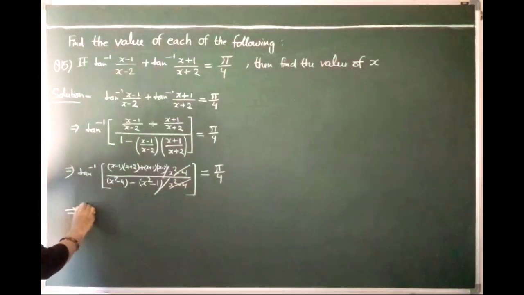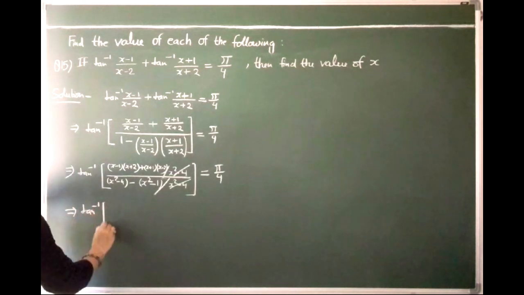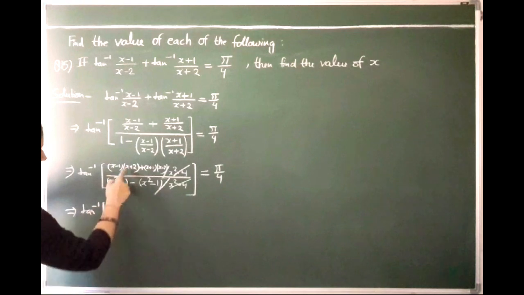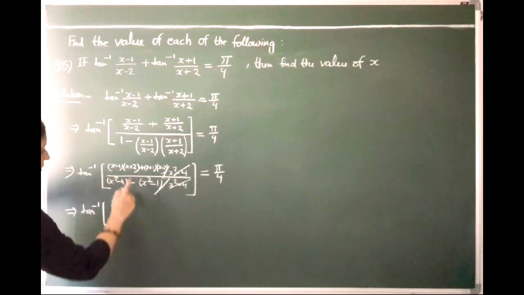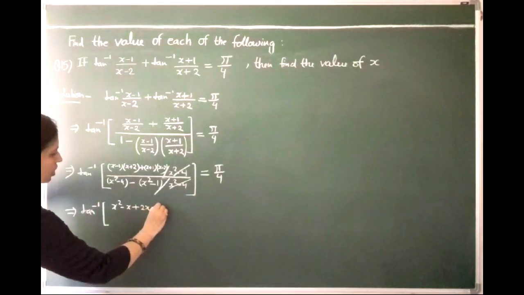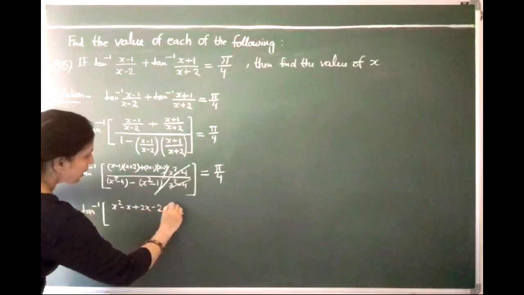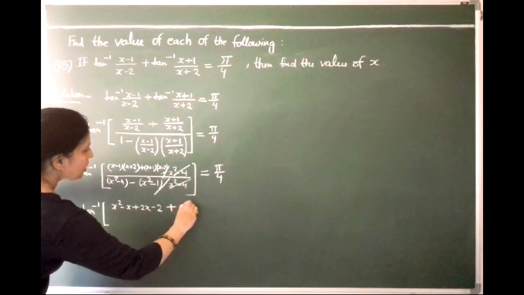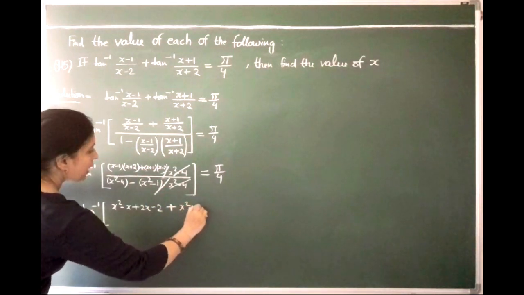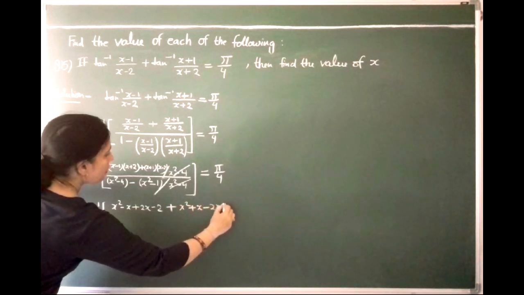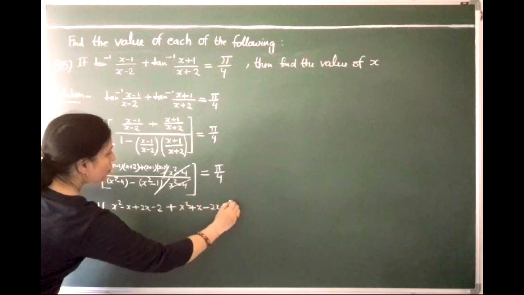Now we can write tan inverse, multiply this. So it will be x square minus x, then plus 2x minus 2, this one. Then write plus, multiply this one again. So it will be x square plus x minus 2x minus 2.